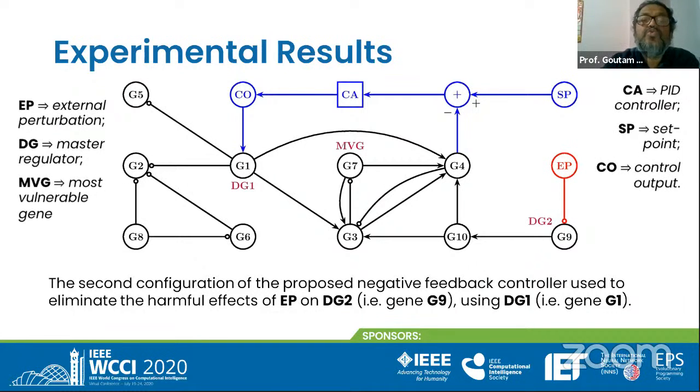Now what I have to do is give the control action through G1. In G1, I am giving the control action so that gene G4 comes back to normalcy.